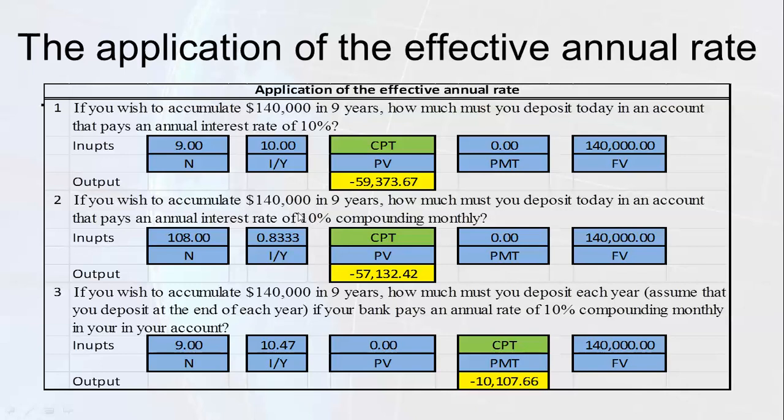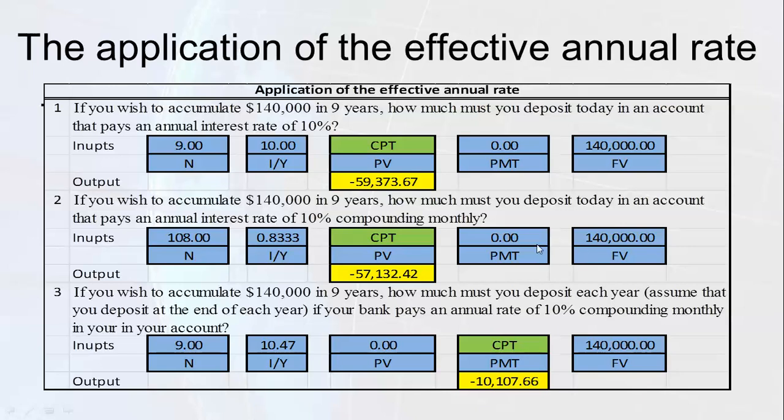Now your rate is monthly compounding. So in this case, you have to either find the effective rate or convert all the N, I/Y, and payment to monthly frequency.